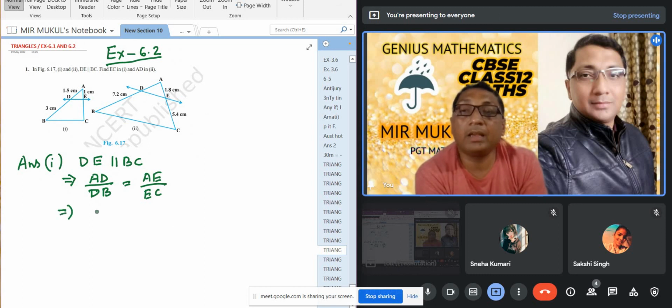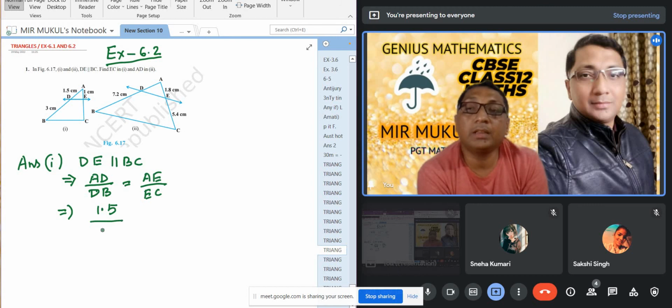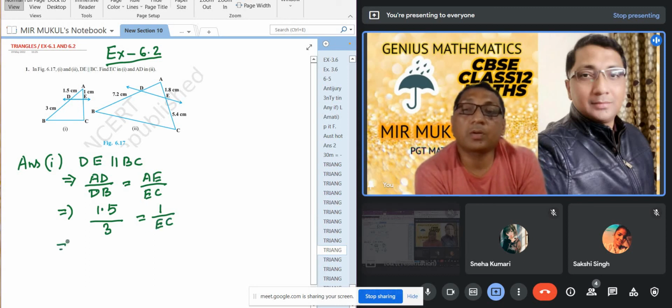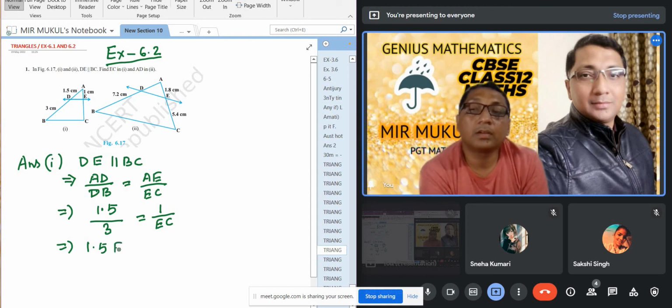Now put the values: AD is 1.5, DB is 3, AE is 1, and EC we have to find. Now cross multiply: 1.5 EC equals 3.